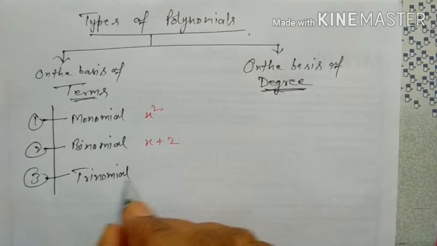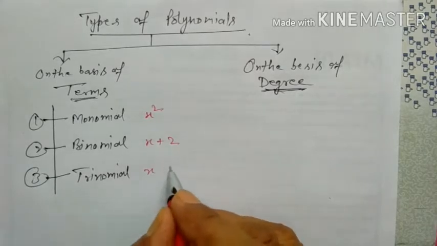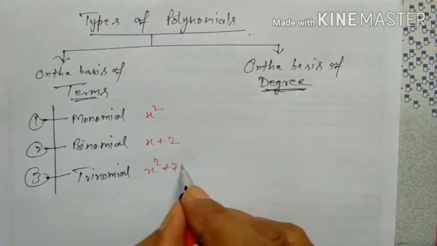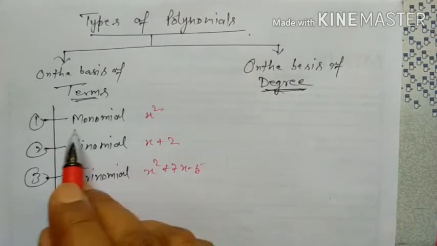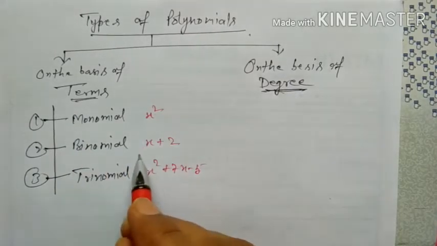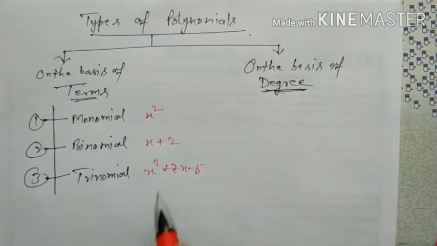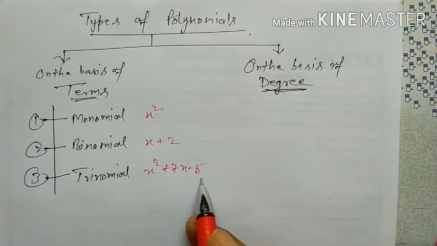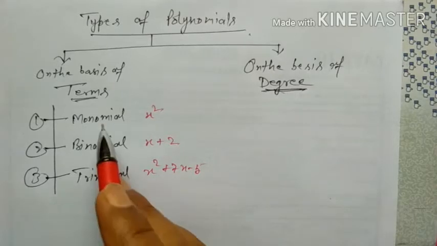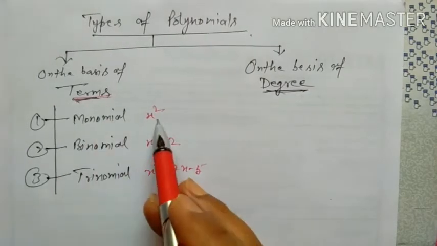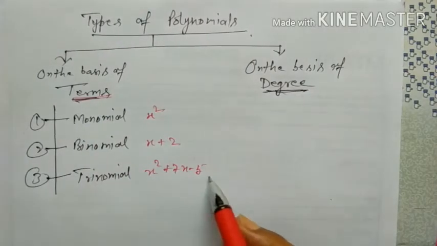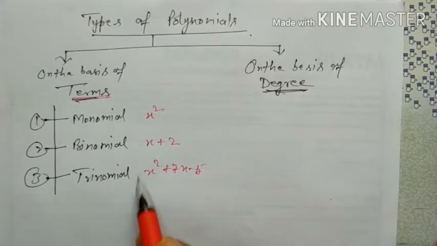Trinomial consists of three terms, x square plus 7x minus 5. This is on the basis of terms. Terms are differentiated by plus and minus signs.